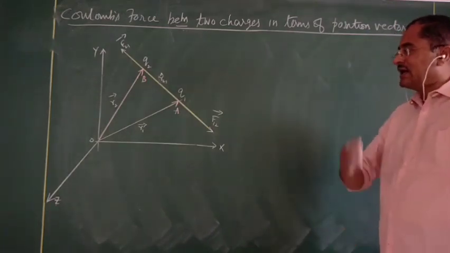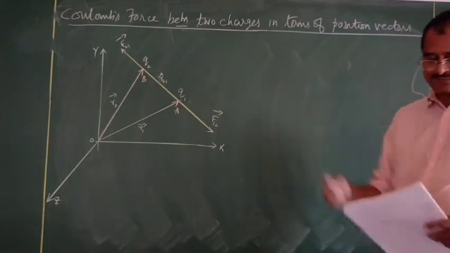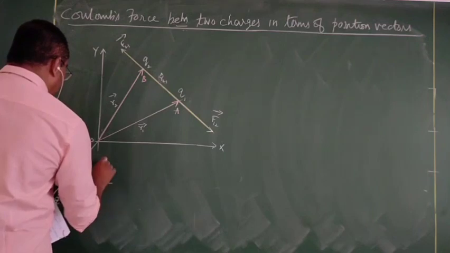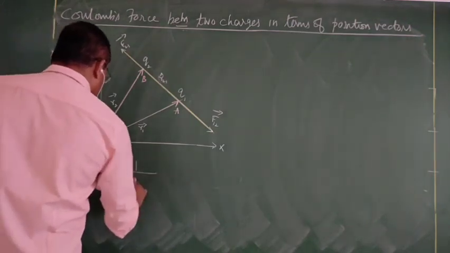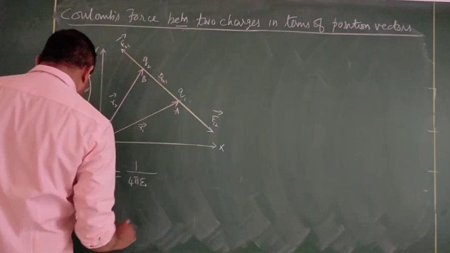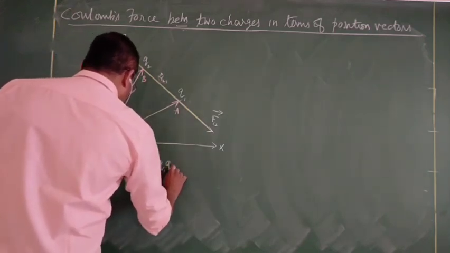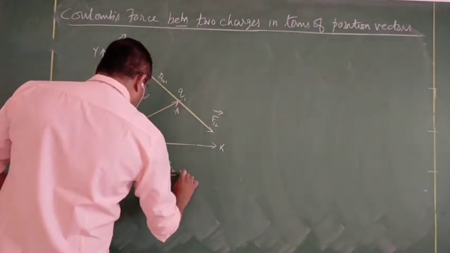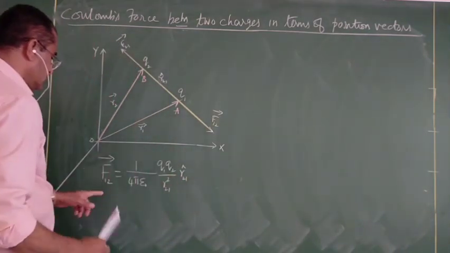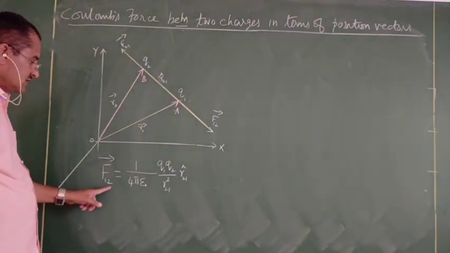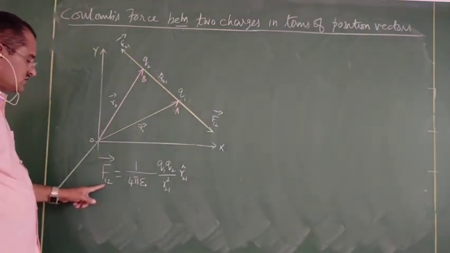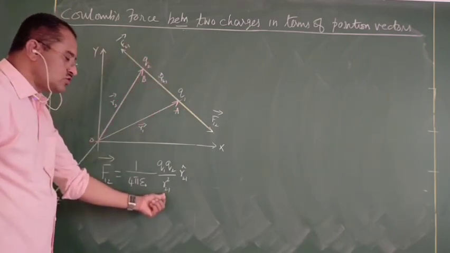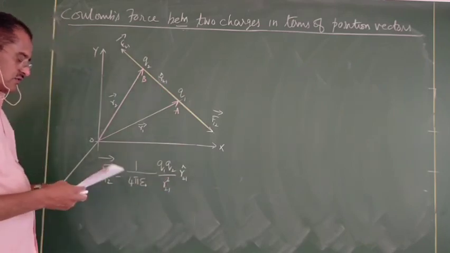That's the reason why I have drawn X, Y and Z. Therefore, I will write F12 vector is equal to 1 by 4 pi epsilon naught Q1 Q2 upon R21 squared into R21 unit vector. Charge Q2 is exerting a force on charge Q1. This will be exerting in this direction, that is therefore R21 squared into R21 unit vector.